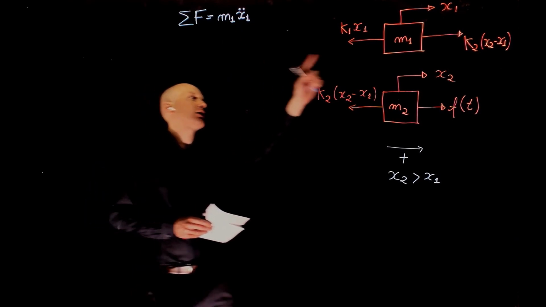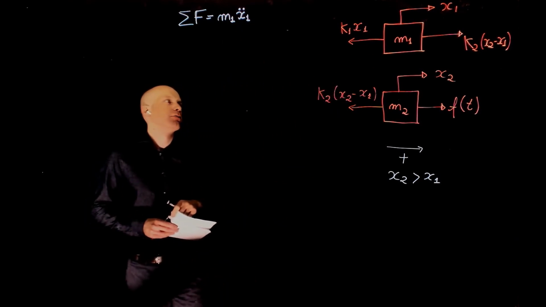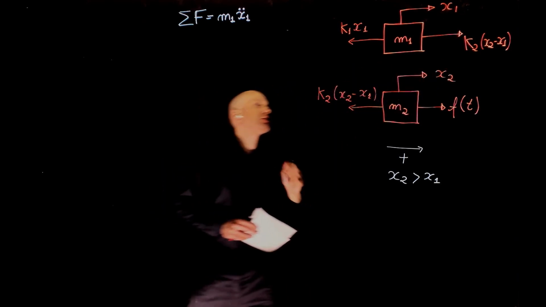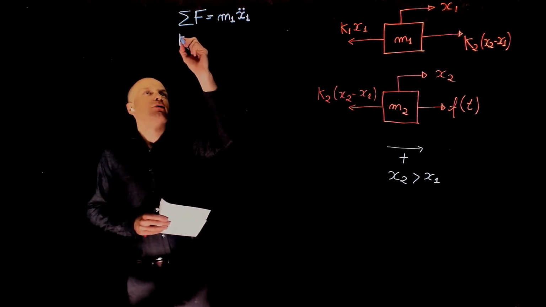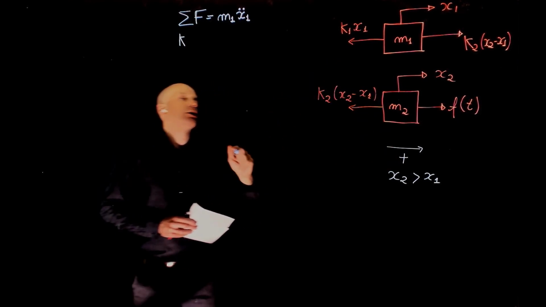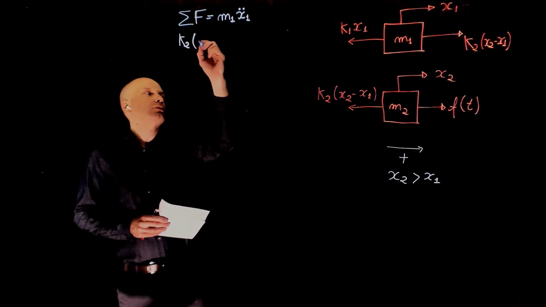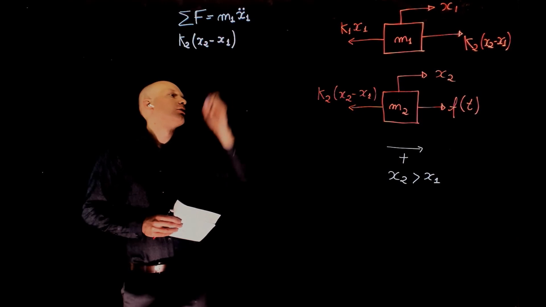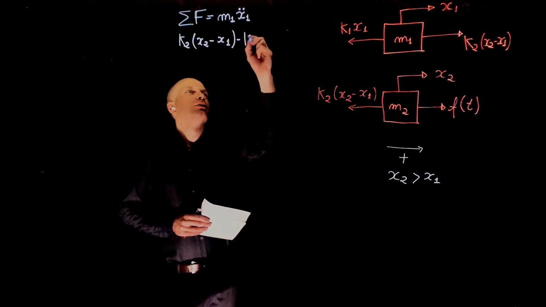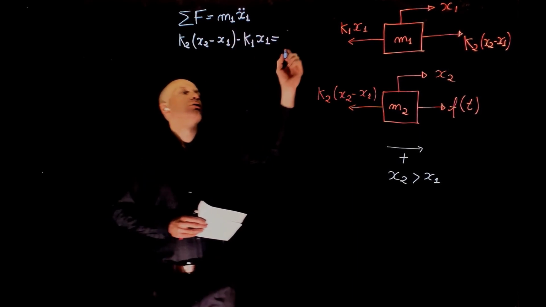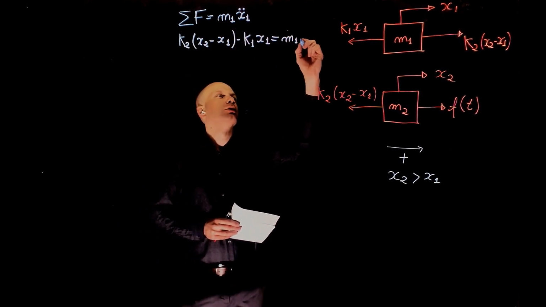The double dot is the second derivative of the displacement x. The sum of all forces here would be simply these two forces. So following our convention, K2 (x2 minus x1) is positive, K1 x1 here is negative. So we have K2 (x2 minus x1) minus K1 x1 equals mass times acceleration, m1 x1 double dot.